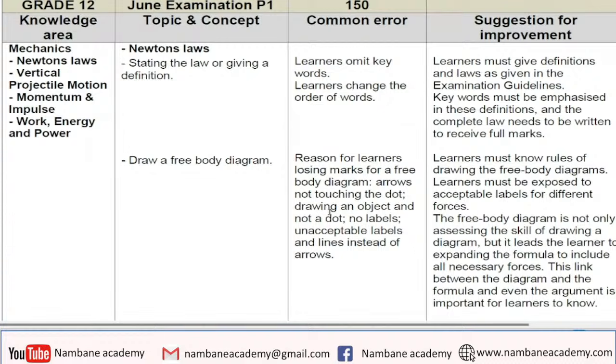Then you go to question 2, you do the same, you answer those that are cognitive level 1 and 2. You go to question 3, you do the same, question 4, question 5, question 6 and 7, and so on. Then after having collected all the marks of cognitive level 1 and 2 for the whole paper, you can then come back and answer these other questions.